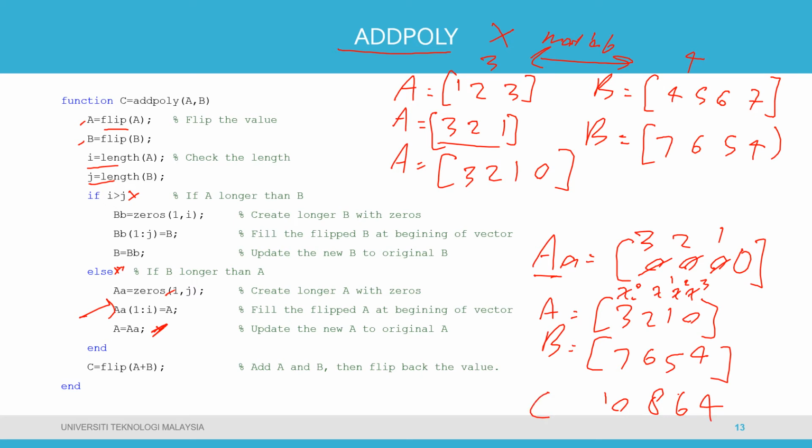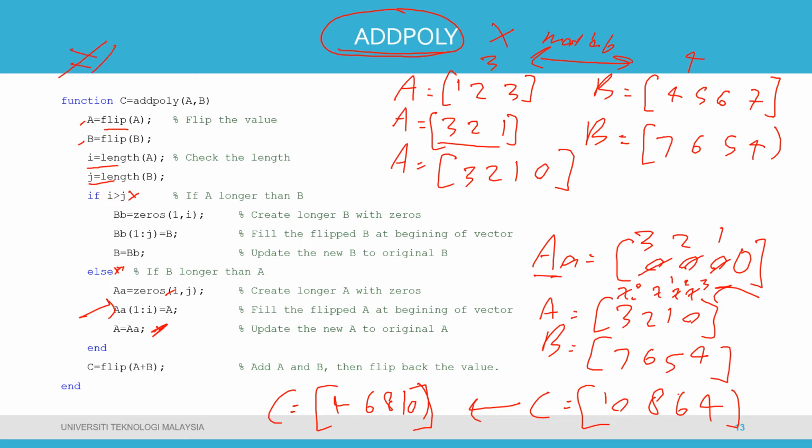You get C is this one. But unfortunately, in MATLAB, we cannot use this format. It is another way around. So you have to flip back the answer. So C will become 4, 6, 8, 10. So that is how you create an add poly. So you can copy this function.